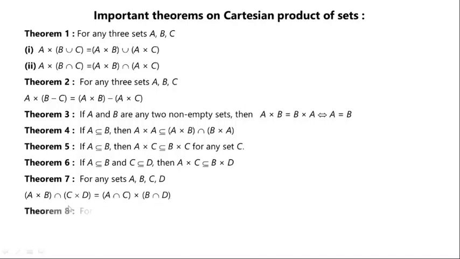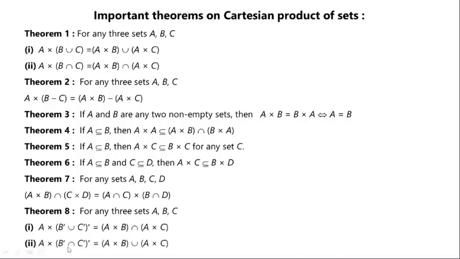Eighth theorem: for any three sets A, B, C, first we have A cross (B' union C'), where ' is the complement, is equal to (A cross B) intersection (A cross C). Next we have A cross (B' intersection C') is equal to (A cross B) union (A cross C).